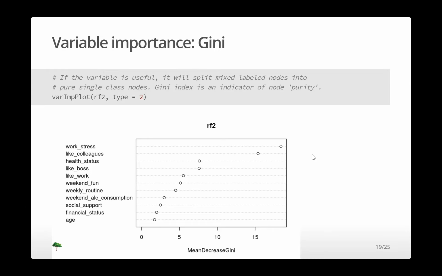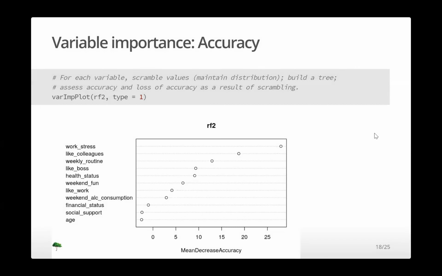So it will correctly split the cases in such a way that the nodes are pure. For a predictive model, generally you want to go with the accuracy component. If you want to use this for variable importance, I've seen accuracy being recommended as the way to go.